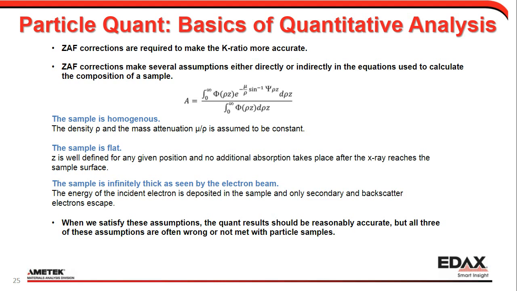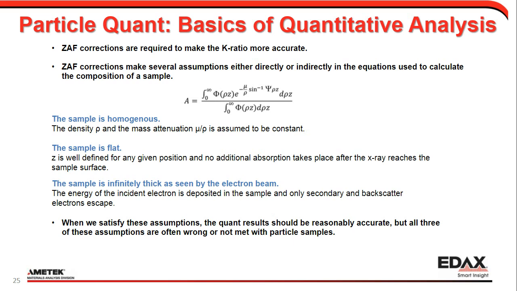Although the K ratio is a good starting point, it does not take absorption and interactions between the elements in the sample into account. So in order to make your results more accurate, we need to apply ZAF corrections.